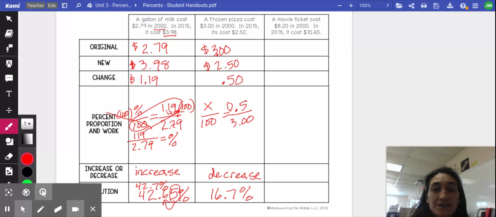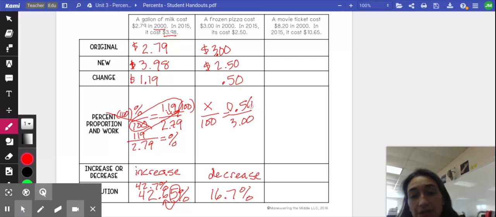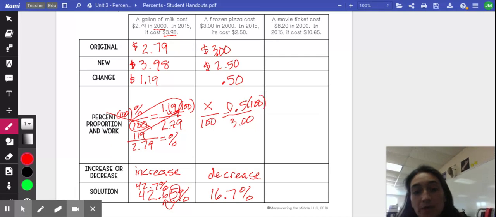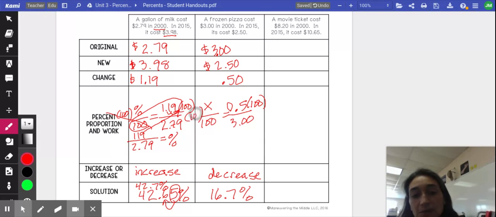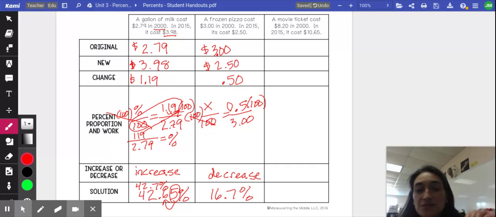That is an obvious decrease since the price went down. And I did 100 times 0.5, which turned it into 50. By doing that to both sides of the equation, that's gone, and now I'm just solving for x, or our percent.